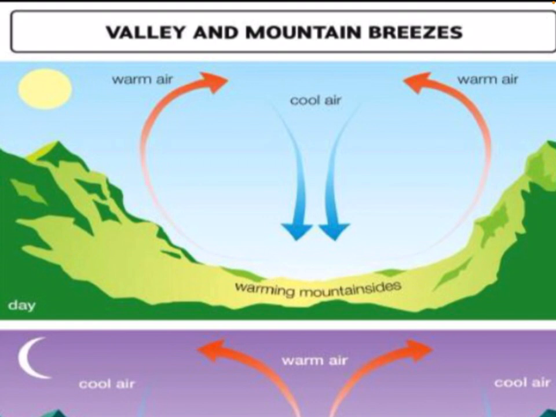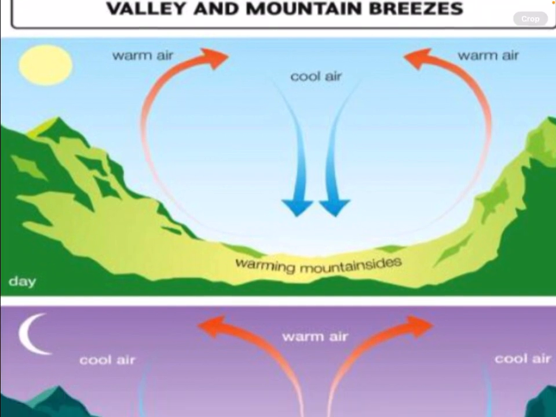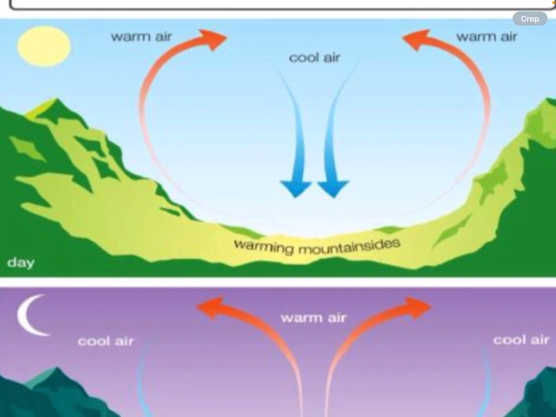During the daytime, the top of the mountain gets solar insolation and becomes warmer, and the valley becomes cooler. So this phenomenon at daytime and circulation of air is normal.